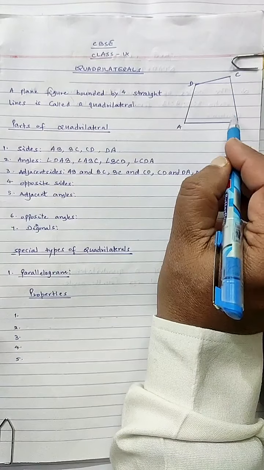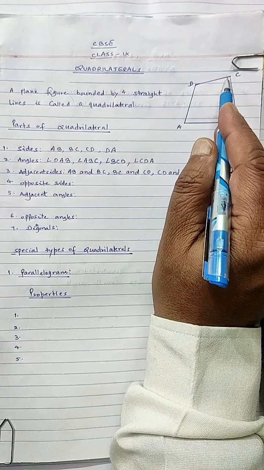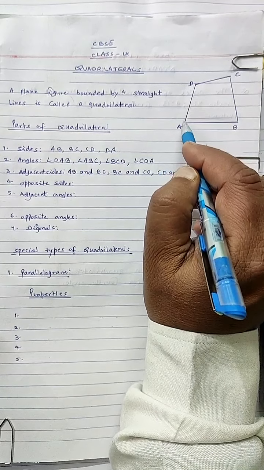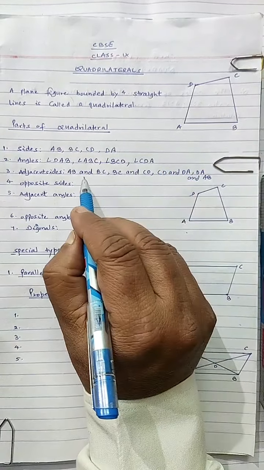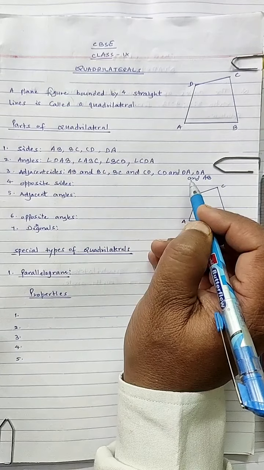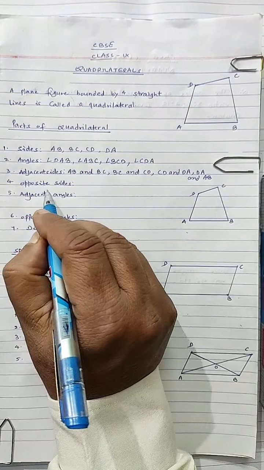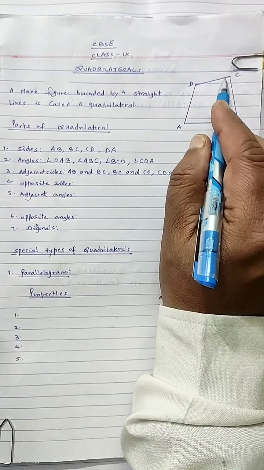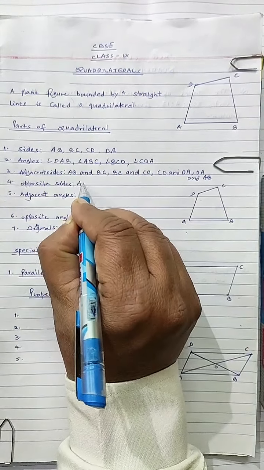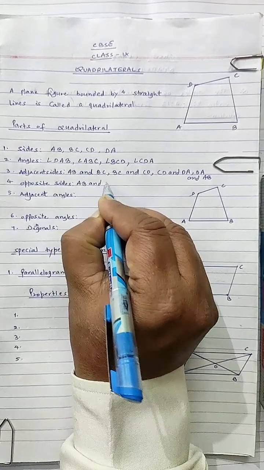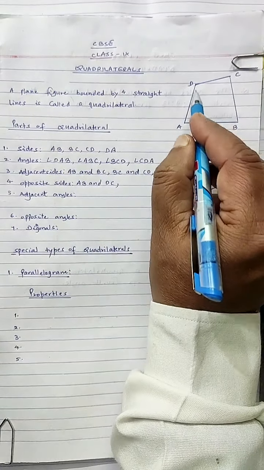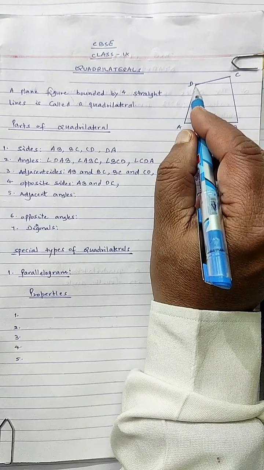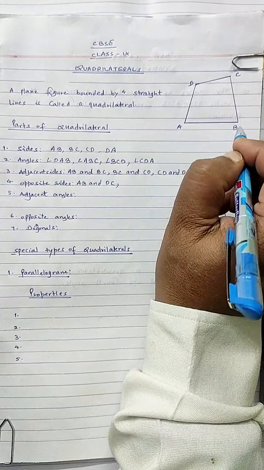So AB and BC, BC and CD, CD and DA, DA and AB are the four pairs of adjacent sides. Now opposite sides, you know AB and DC. Another pair of opposite sides is AD and BC.